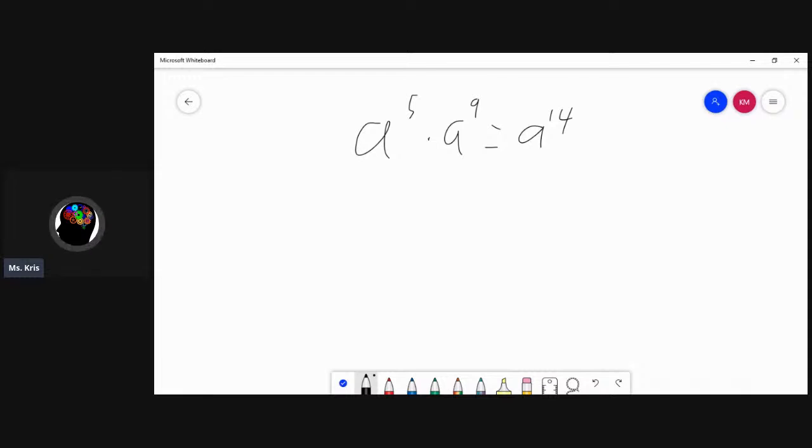So how did I go from a to the 5th times a to the 9th is a to the 14th? Well, a to the 5th times a to the 9th is a to the 5 plus 9, and that, of course, gives me my a to the 14th. Simple enough, right?